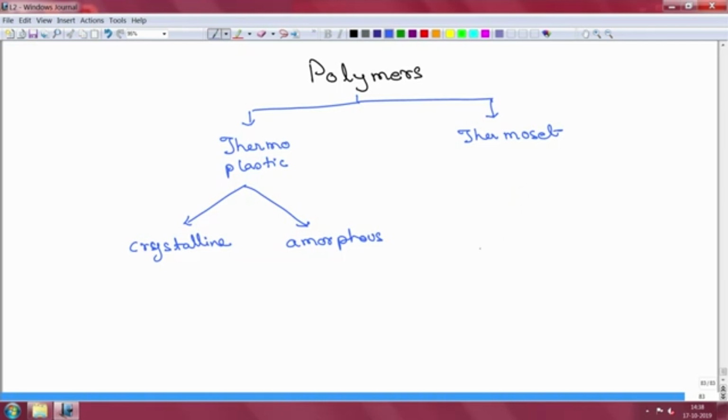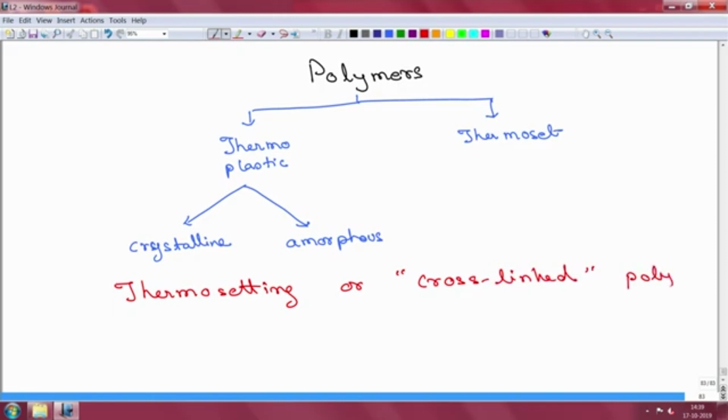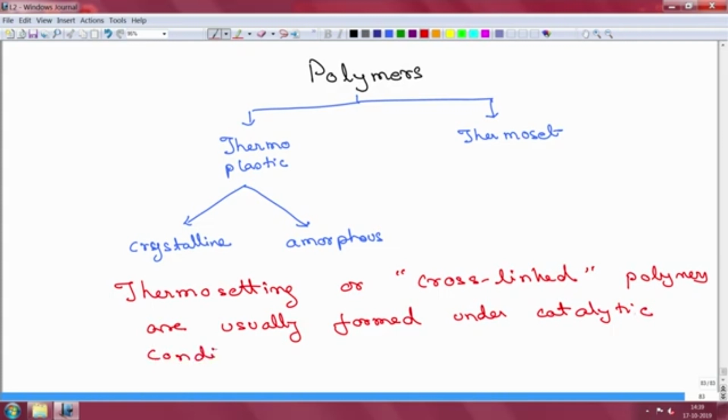So, why is that? There is a reason for that, and the reason is that thermosetting, which is also called the cross-linked polymers, are usually formed under catalytic conditions of heat and pressure.